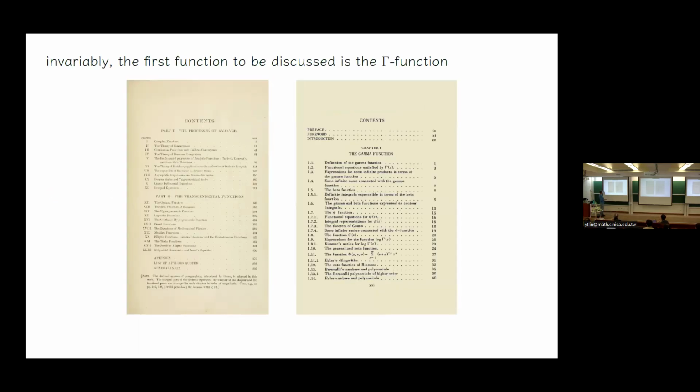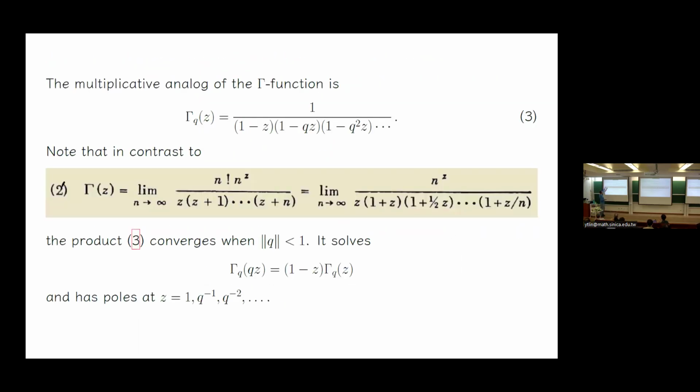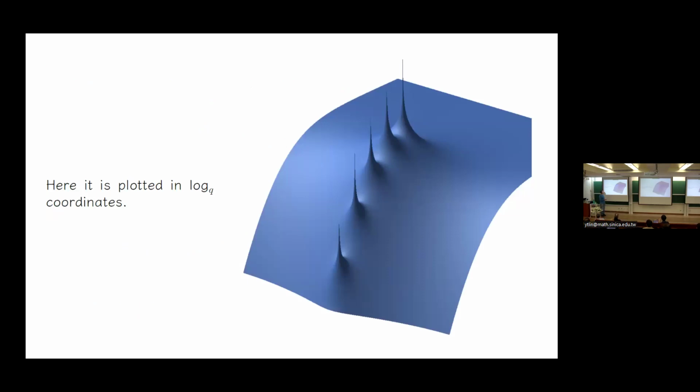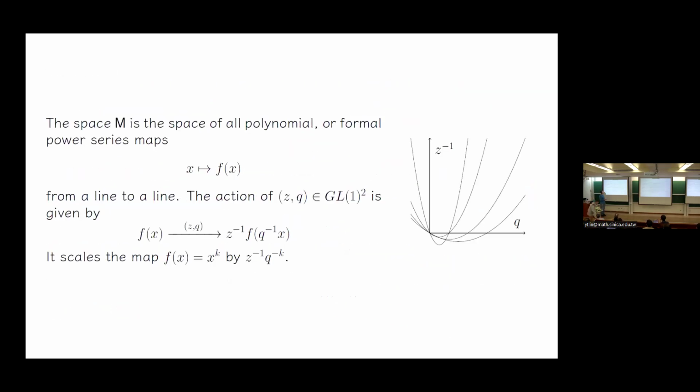So we started talking about the Q gamma function, which is this infinite product, and we discussed why it's really a Q analog of the ordinary gamma function. And so we got to this point here.